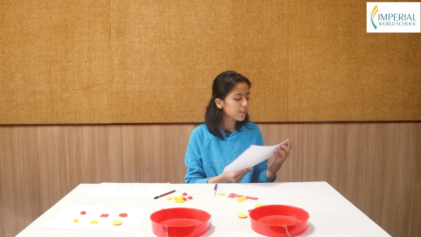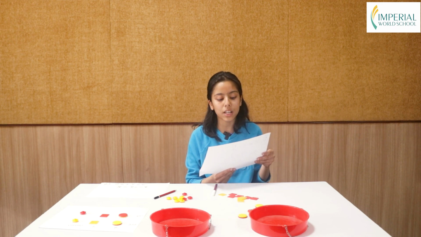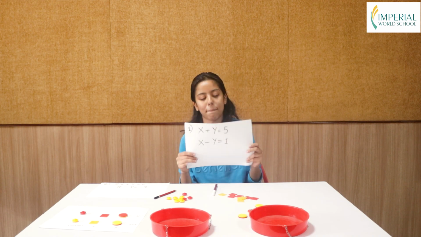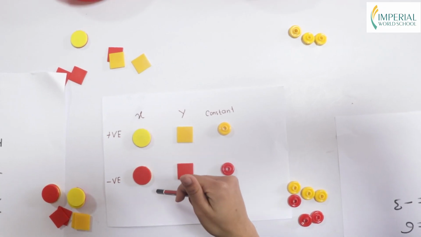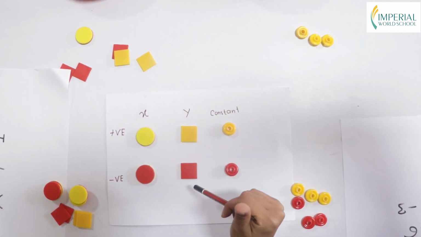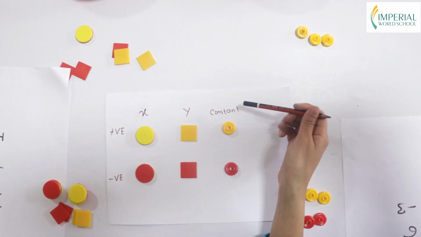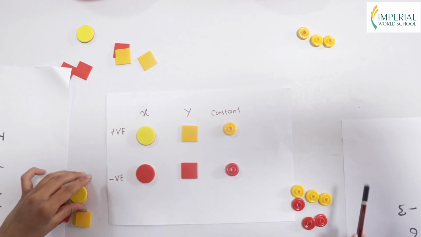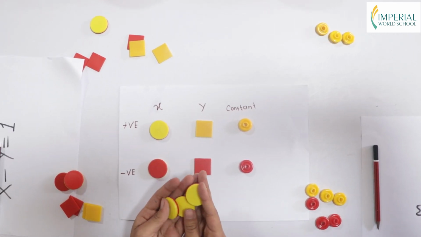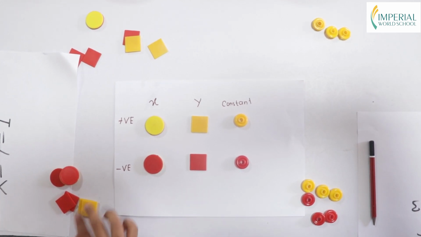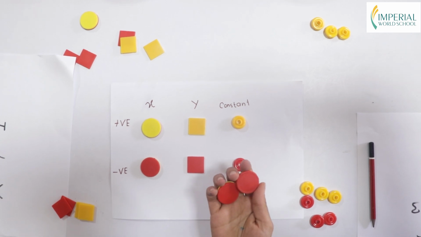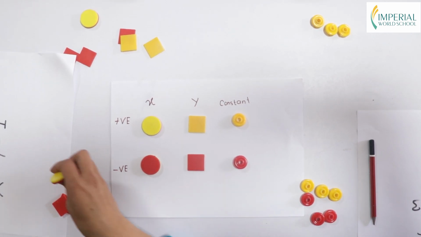So let's start with the first linear equation, that is x plus y equals 5 and x minus y equals 1. Here for the x variable, I'm using circular shapes, and for y, I'm using square shapes, and these are for constant numbers. For example, if I take 3 yellow circles, it means 3x, and if I take 2 red circles, it means minus 2x.